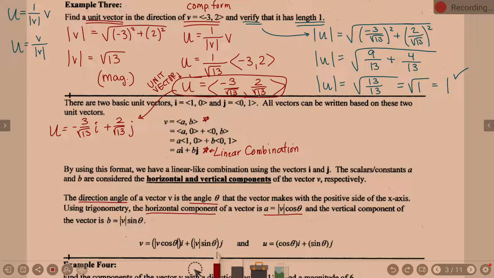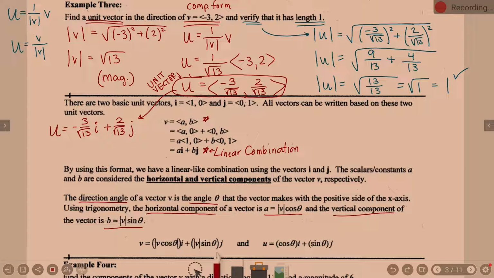And then the vertical component, for the b, is the absolute value of v times sine theta, or in other words, magnitude times sine theta. If you remember our ordered pairs on a unit circle, x comma y, or cosine comma sine, it's the same type of thing here. We have cosine for the first one, sine for the second one.